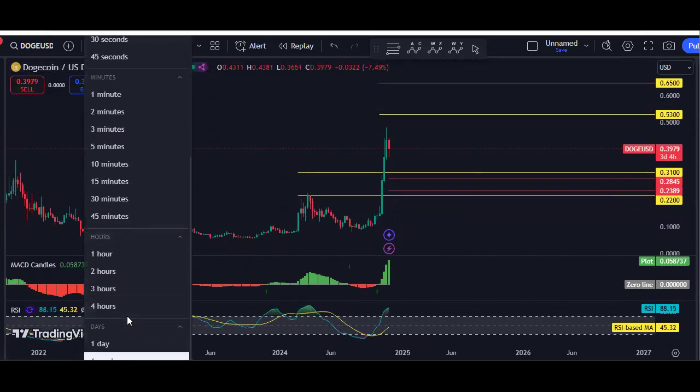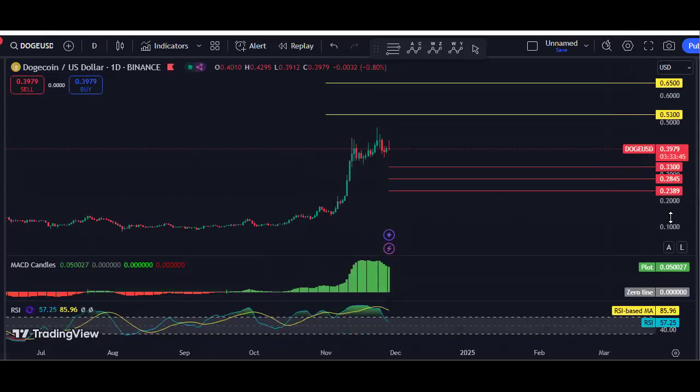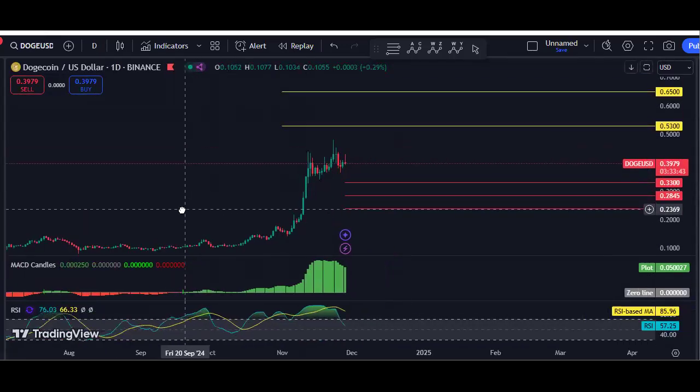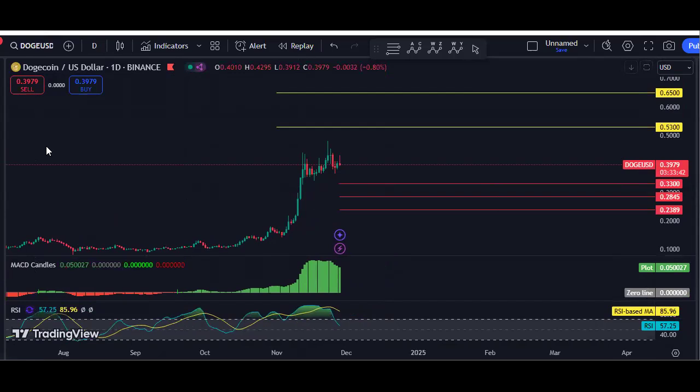And if you move to a lower time frame, we move to the daily chart. Okay, now as I mentioned, how we can look at this correction, how deep this correction can be. If the price breaks the lowest price of this correction, we can look for 33. If there is a breakout of the 33, we can look for 28, followed by 24 cent.